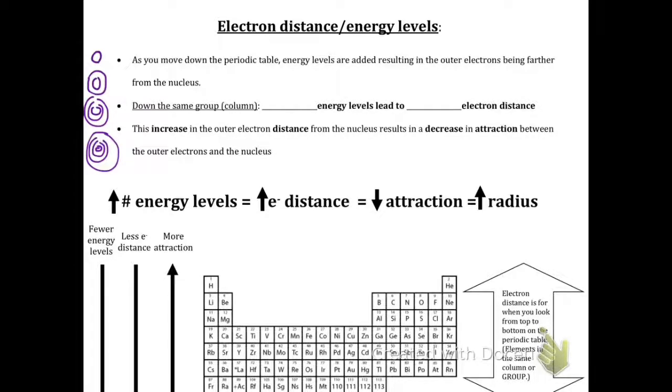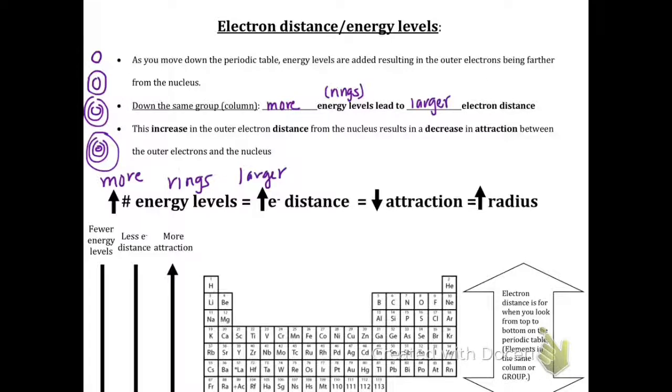Down the same group, so down a column, the more energy levels you have, those are your little rings, the larger the electron distance. The electrons are further and further away from the nucleus. The increase in the outer electron distance from the nucleus results in a decrease of attraction between outer electrons and the nucleus.